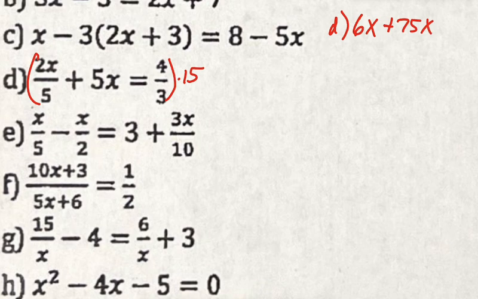And our last piece there, 4 times 15 is 60, divided by 3 is 20. So that equals 20. Now look how much easier of an equation we immediately get by doing that trick. Because with equations, we know you're allowed to multiply through by anything you want, divide through by anything you want. So why not? I've always done that as a trick for a first step in a fractional equation.